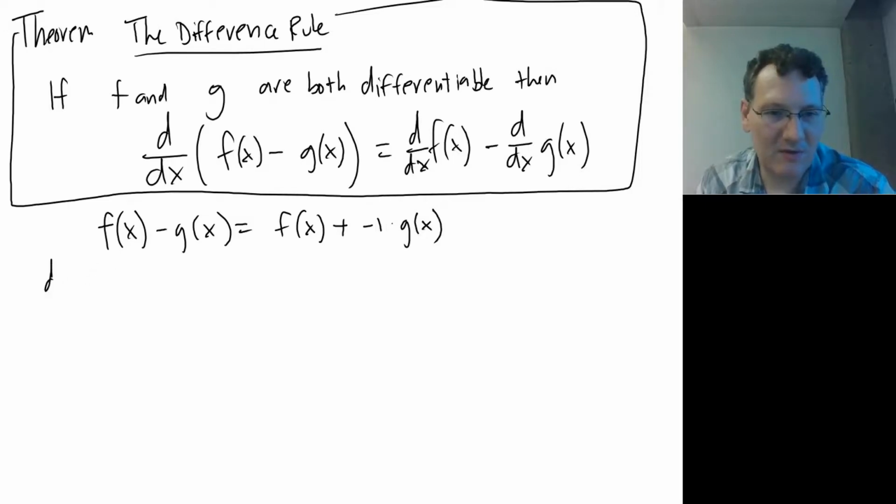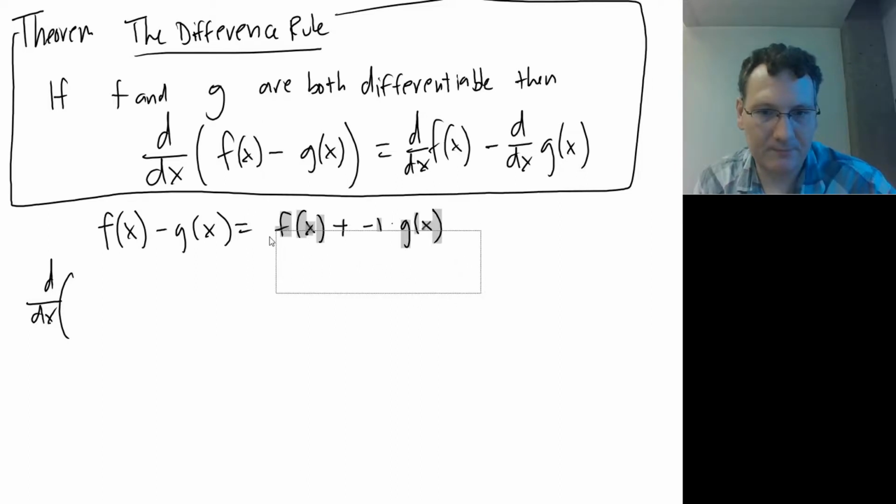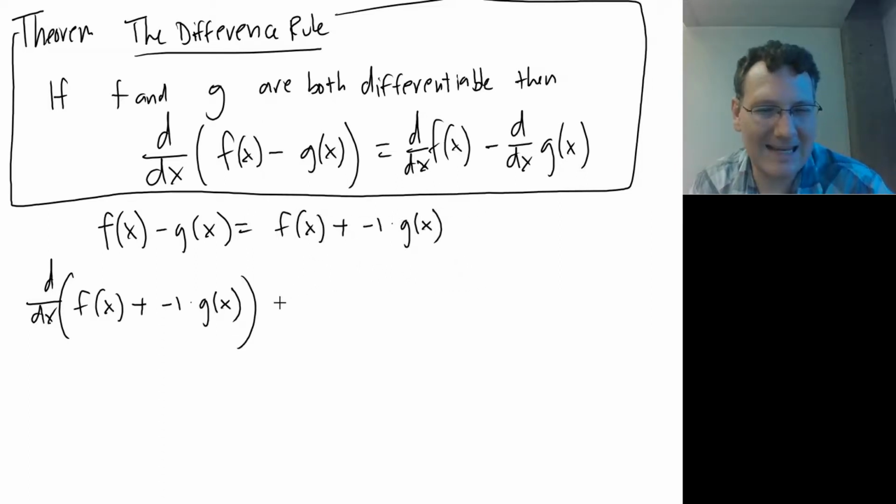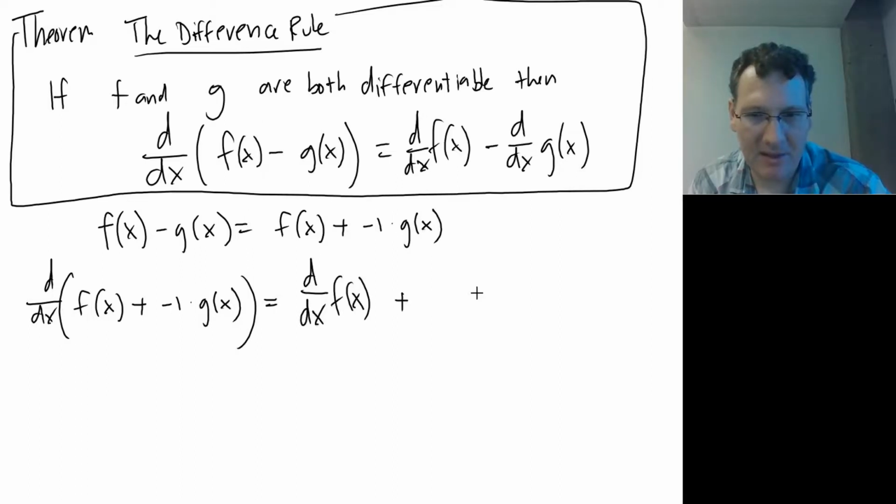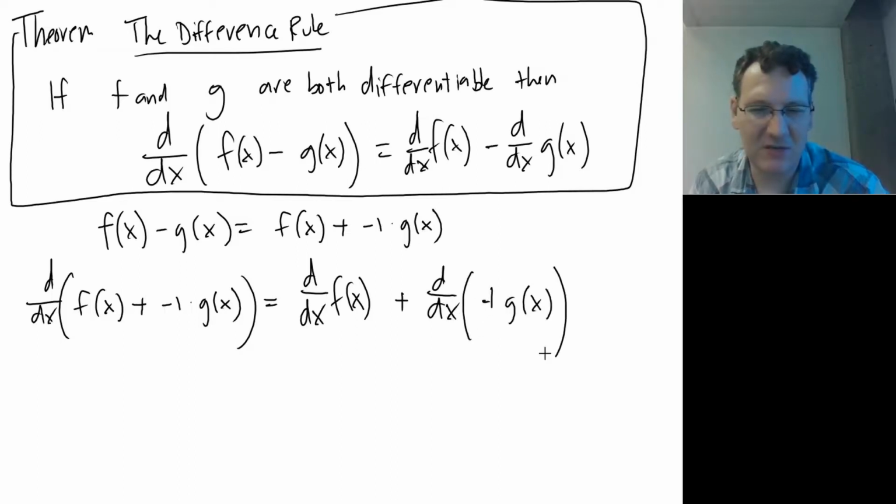And so the derivative of that is the derivative of f of x plus the derivative of -1 times g of x. This is just from the addition rule.